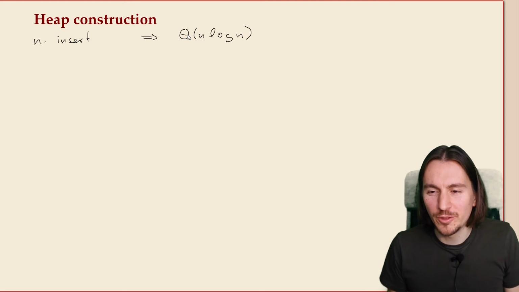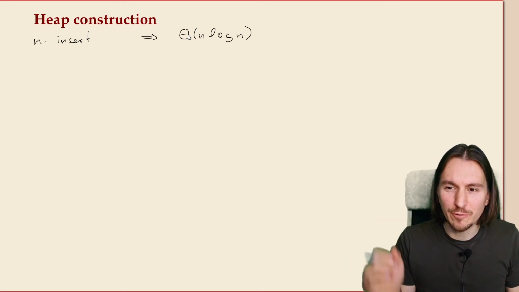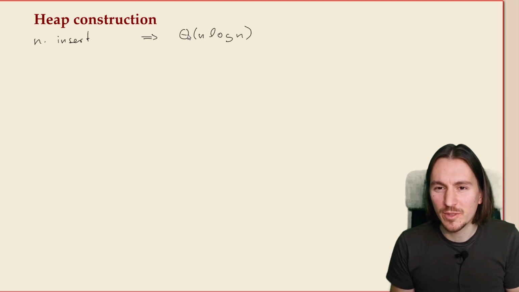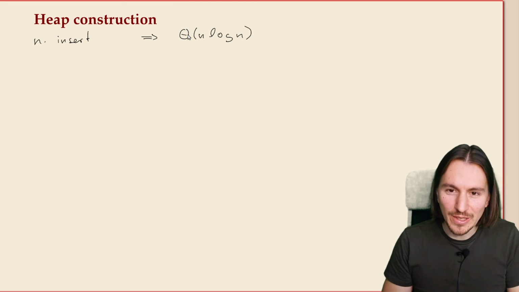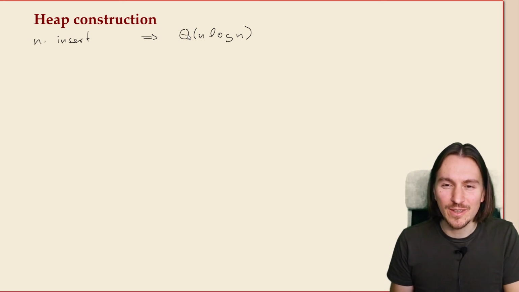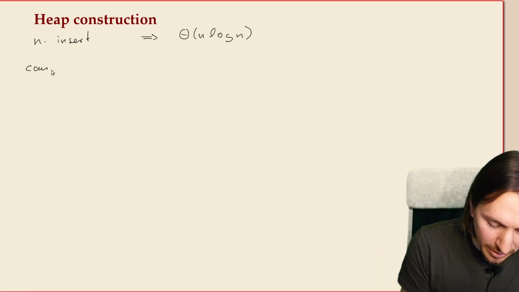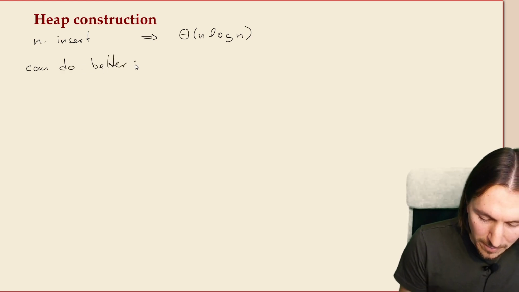You have to be a little careful because the insertion takes time log of k for the current size of the heap, and the heap initially is small. But if you look at the last half of the elements, then the heap has already size at least n over 2, and that's enough to establish the n log n. But we can do better than the n log n.